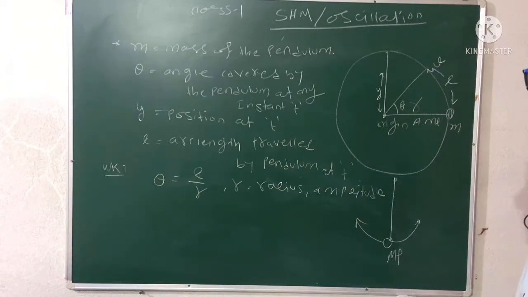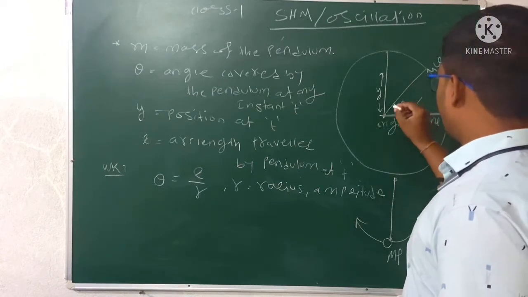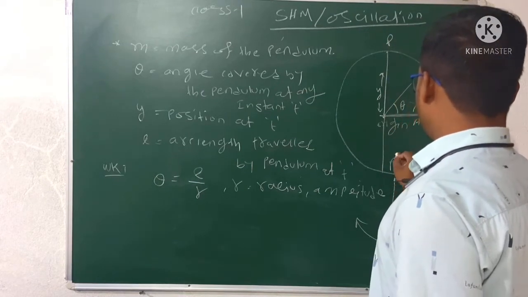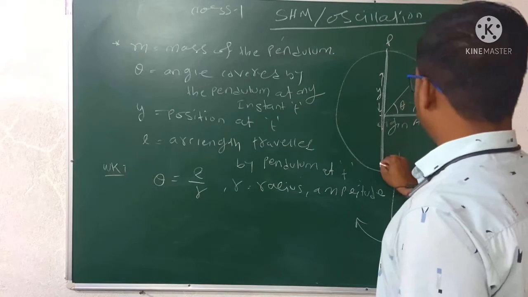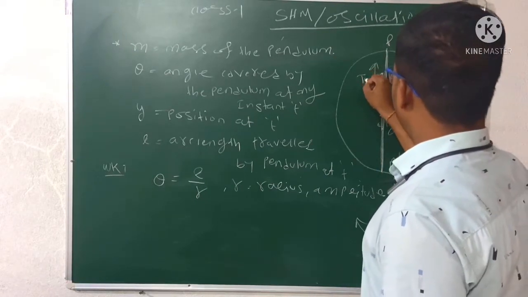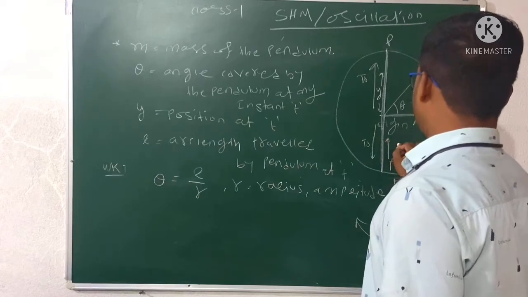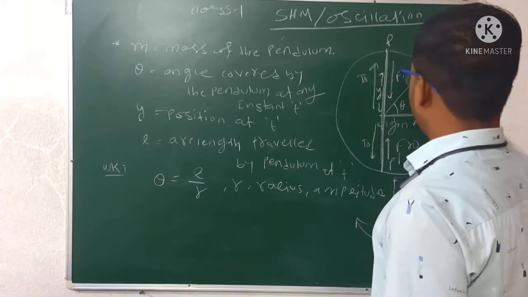Let's say this is P and this is P dash. The pendulum is rotating like this. When it is back to origin, that is one motion, and when it is back to origin again, that is the other motion.